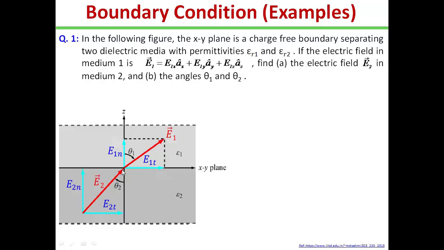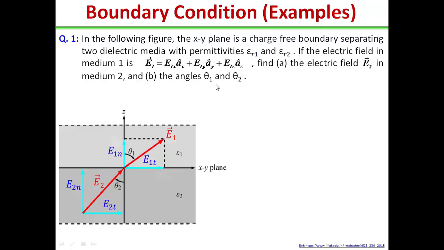E2 is the incident field and it breaks into a normal component E2n and a tangential component E2t, whereas the electric field in medium 1 is broken into E1t as the tangential component and E1n as the normal component. So let us find the electric field E2 in medium 2 and also theta 1 and theta 2.